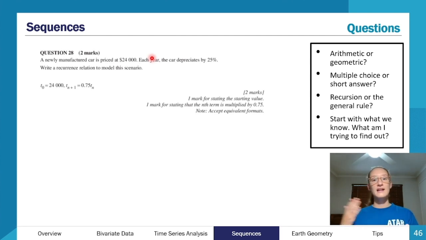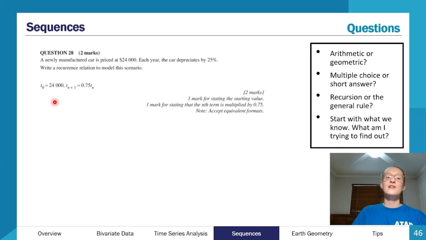But in this scenario, every year it's depreciating by 25%. So our r value, our common ratio, is 0.75. That illustrates that every time 1 year has passed, the car is now worth 75% of what it used to be worth because it's dropped in value by 25%.